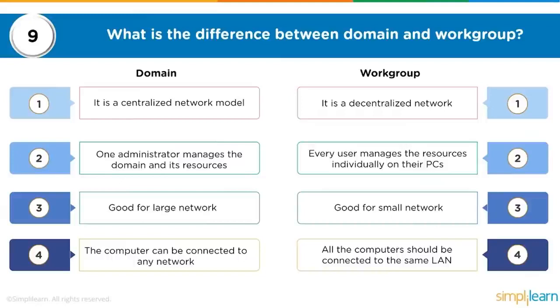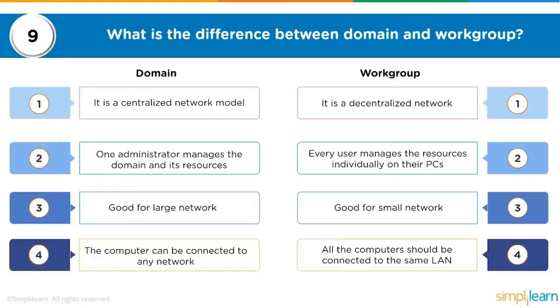So local users on their own PCs managing the network shares, what can be shared from that particular machine, what data should be shared, should not be shared, to whom it can be shared with, and so on and so forth. It is good if you've got a small network, a few machines altogether, and you want them to interact with minimal management effort, right?